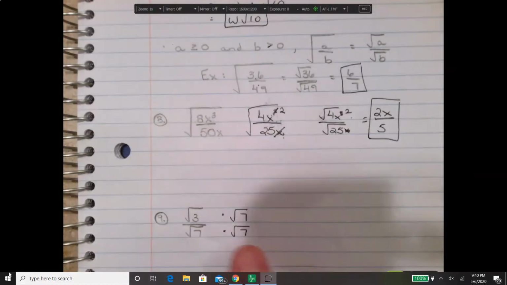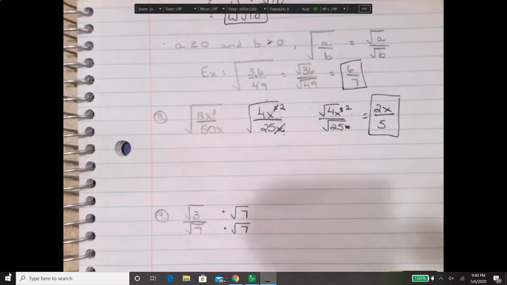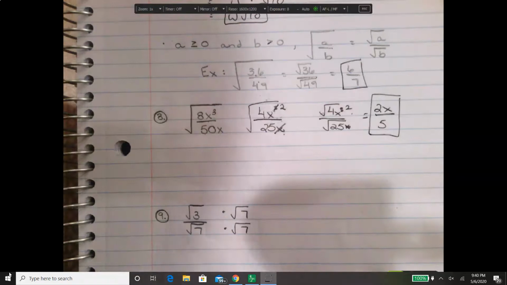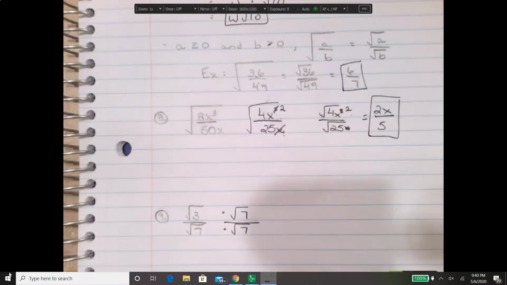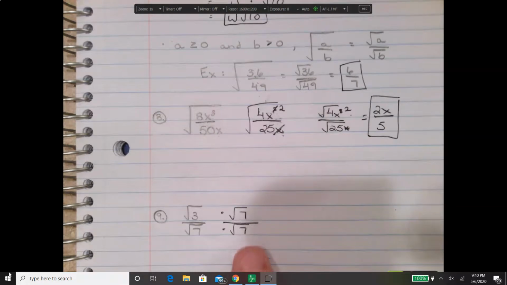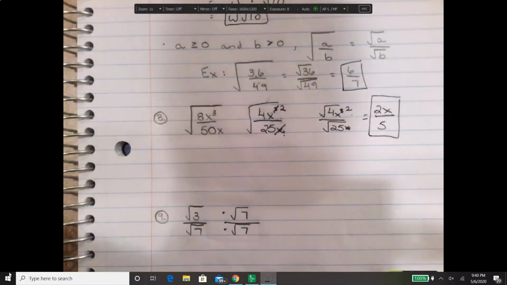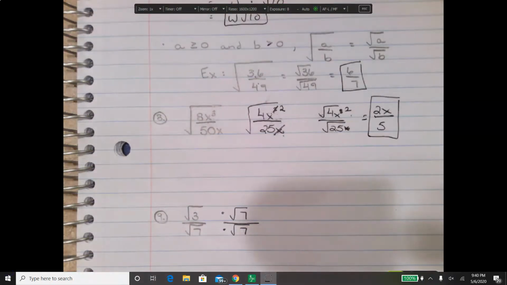Now whenever we multiply in this fashion, guys, they're actually going to cancel one another out. All right, let's backtrack real quick.